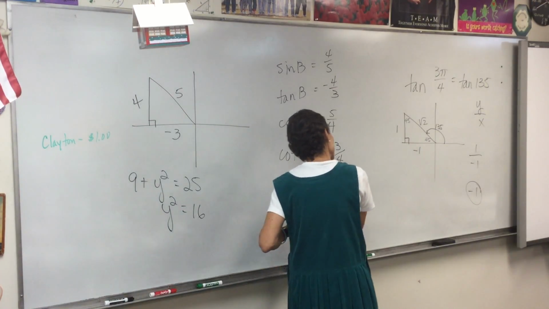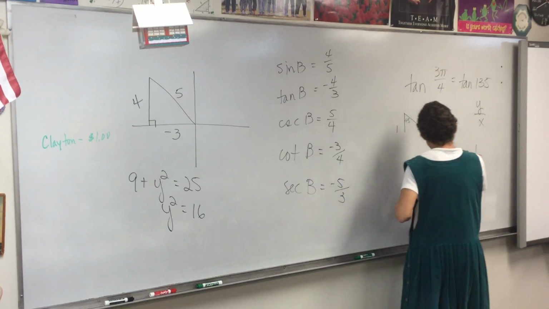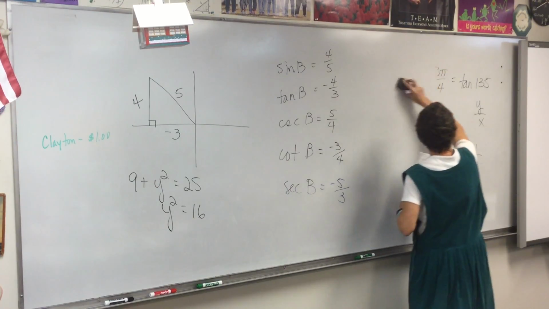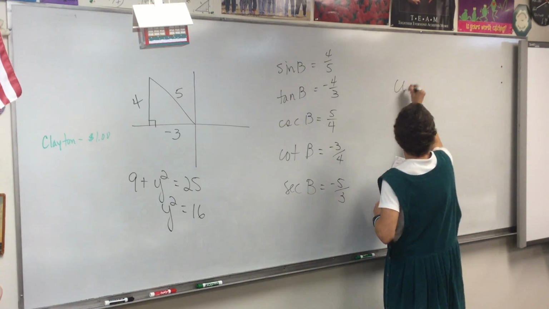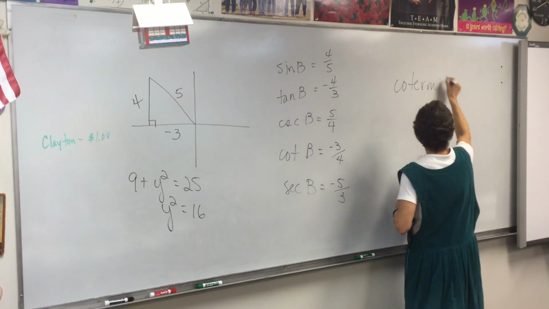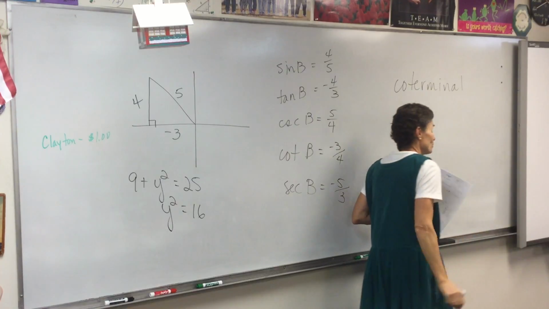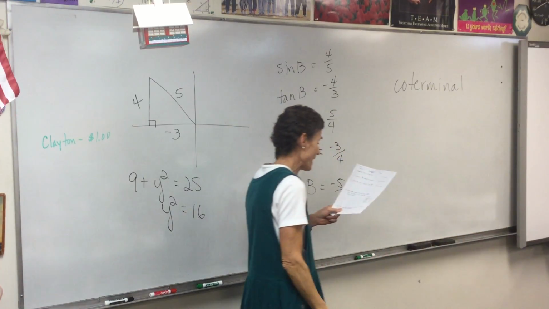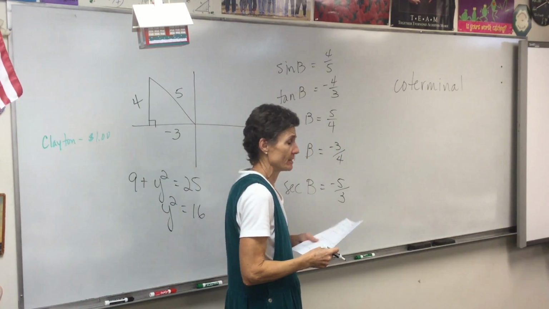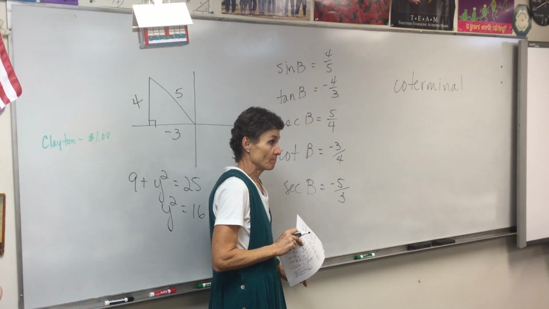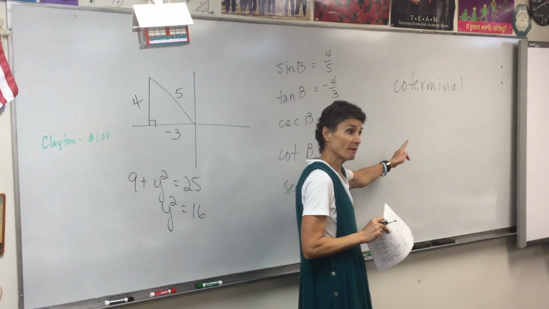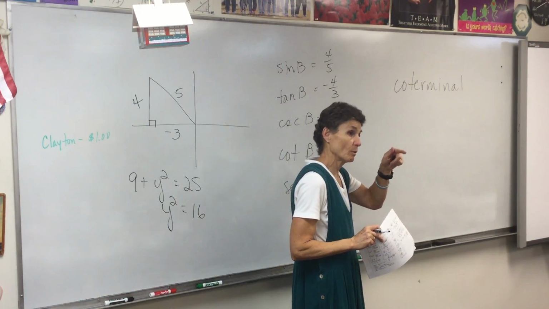Now, number 5, I can't remember. In some class yesterday, I talked about this word, and I don't remember if it was yours or not. Have you seen the word coterminal before? No. Well, it's a good thing we're going to see it today. Coterminal. So let's find one angle coterminal with 60 degrees. First of all, there are infinitely many answers. So I'm just going to list some of them, and you tell me what's going on.